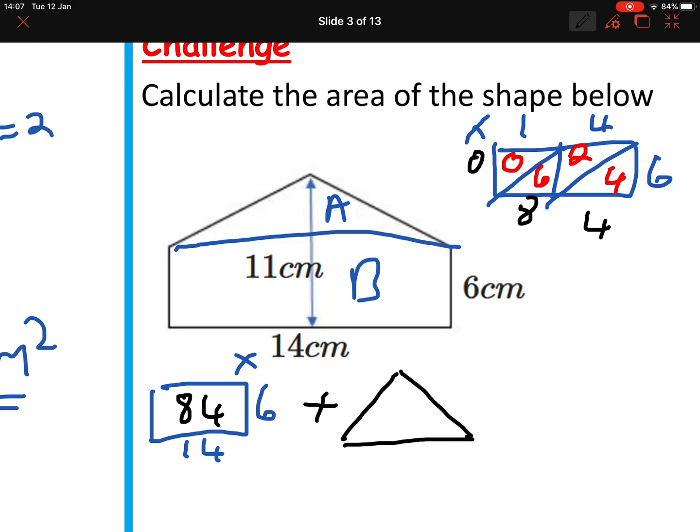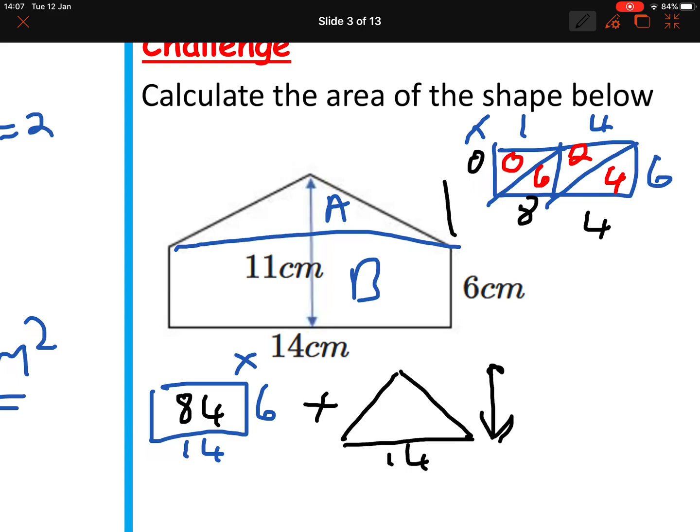Now we're going to add that to the area of the triangle. That's 14. Now, to get the height, we know that the height of the whole thing, as shown by this pointer here, is 11 centimeters.